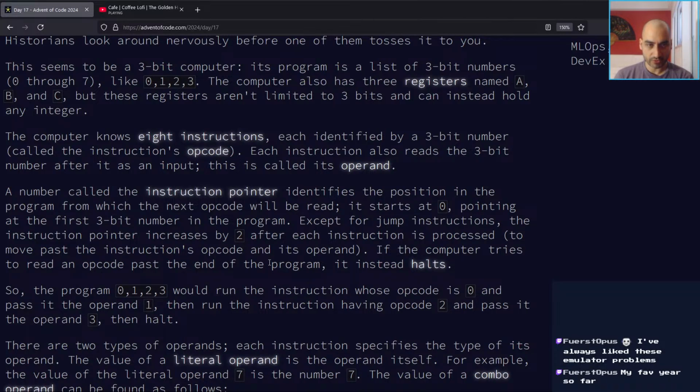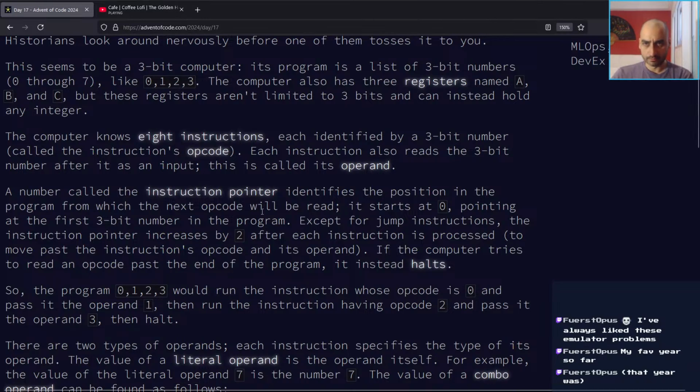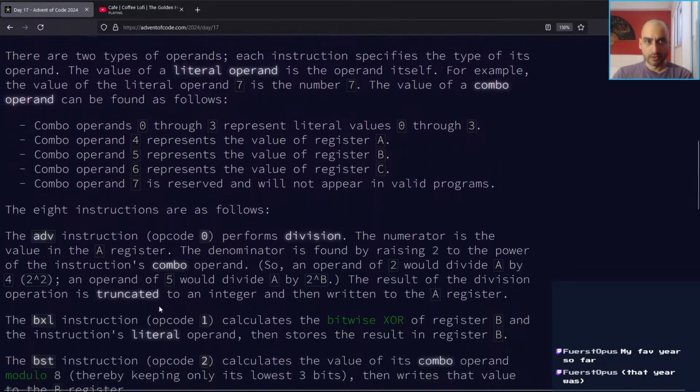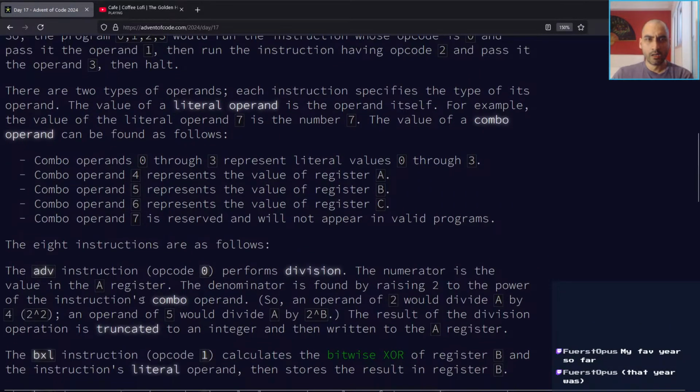If the computer tries to read an opcode past the end of the program, it instead halts. So the program 0, 1, 2, 3 would run the instruction whose opcode is 0, pass it the operand 1, then run the instruction having opcode 2, pass it 3. Okay, fine. There are two types of operands. Each instruction specifies the type of its operand.